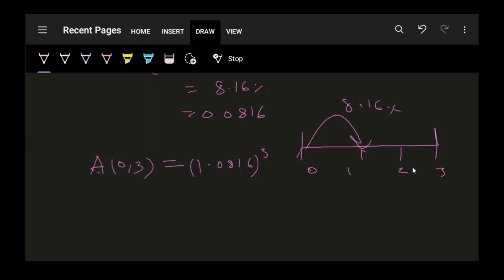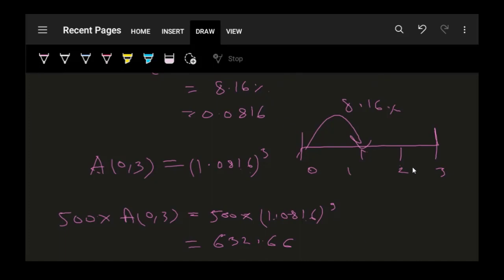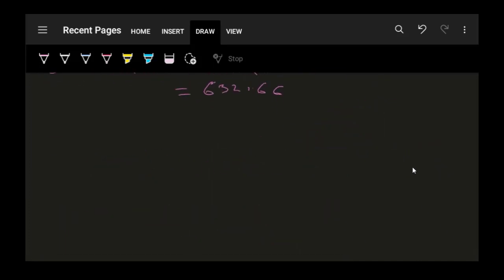And since I've invested 500, I will get the amount of 632.66. That is the same as what we got in the first case. We can similarly calculate the present values of these amounts in two similar ways.